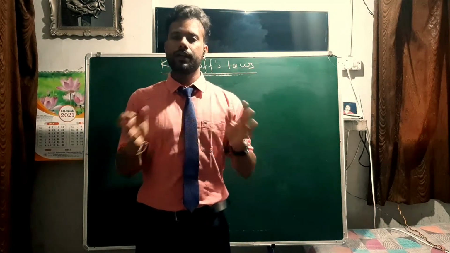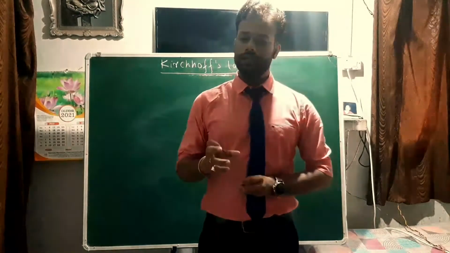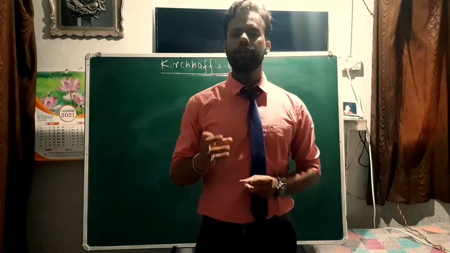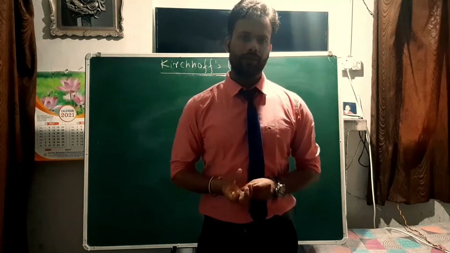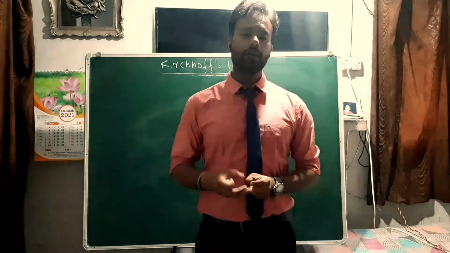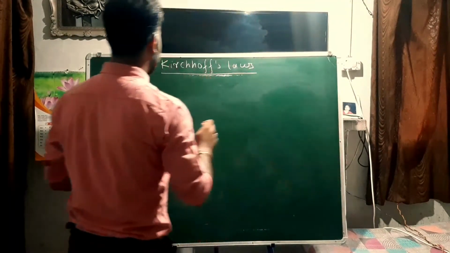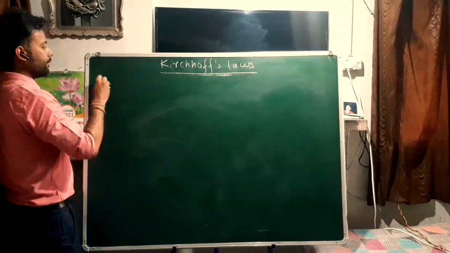Suppose you have an electrical network and you have to find the current in a certain branch, or you have to find the potential difference across any resistance. Then without these laws, it's quite difficult to solve these problems, right? So let's start first KCL, right?